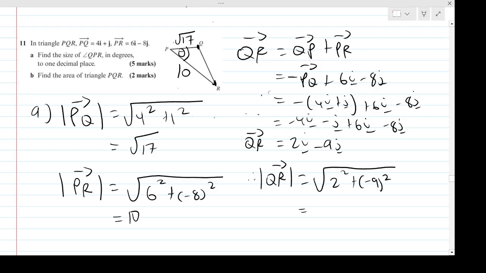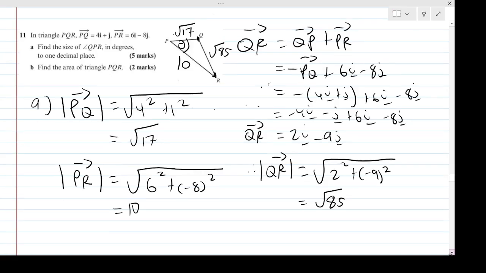So if I do that, I get root 85. And that is the length of QR. And so that is the strategy when we will see more examples with shapes and vectors. That is literally the strategy to find the lengths of the sides, by doing the magnitude of all the vectors.